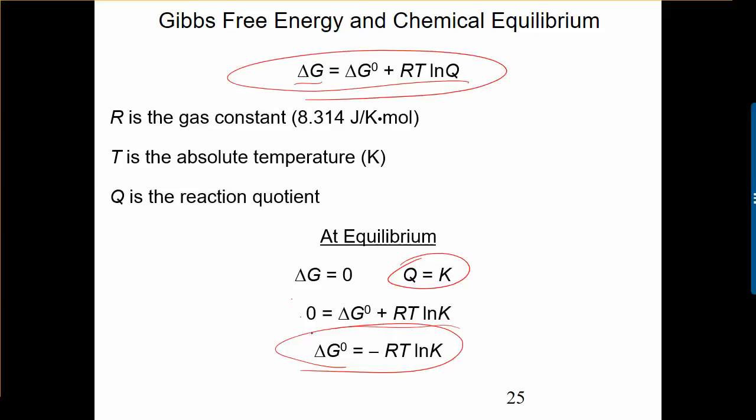If it is at equilibrium, you would use this, because K is your equilibrium constant. You either know it or you calculate it, products over reactants, if they give you the equilibrium concentrations, not the initial concentrations. Your delta G naught is equal to negative RT times ln of K.